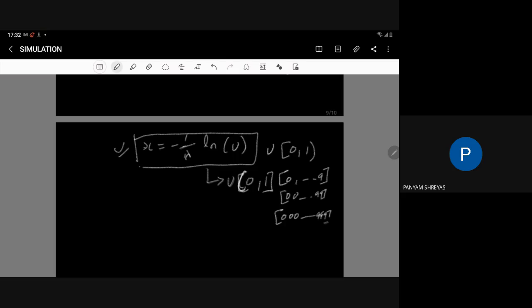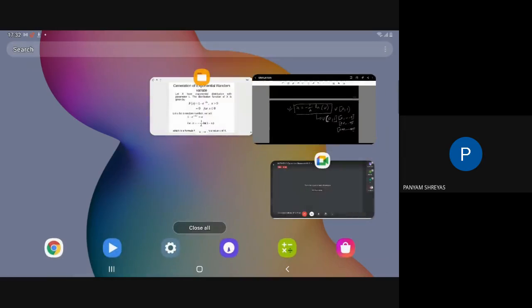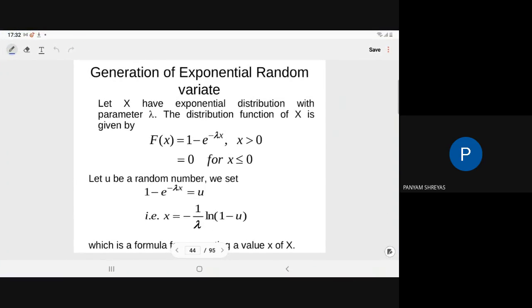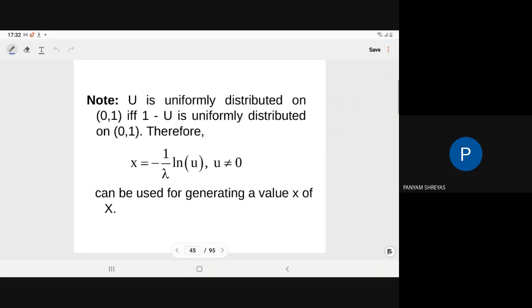But in general we do not take 0 or 1. In general, it is very rare; I cannot say it will not come. It can come as a random number. So for this case, we have to avoid that 0. Right? So this is for the exponential distribution. Here it is written U is not equal to 0. In this it is written. Clear?